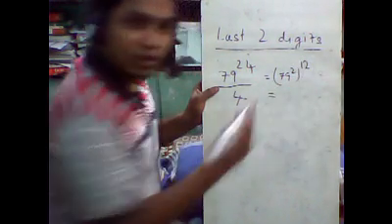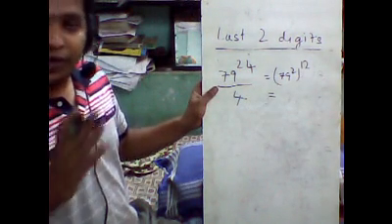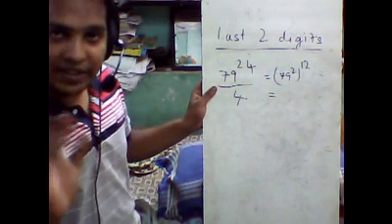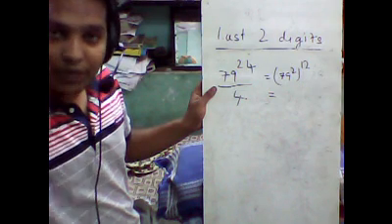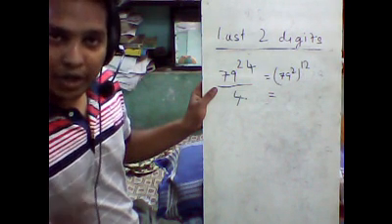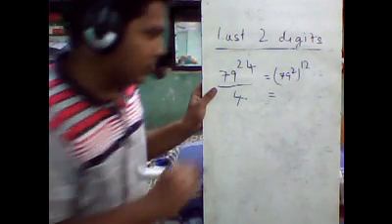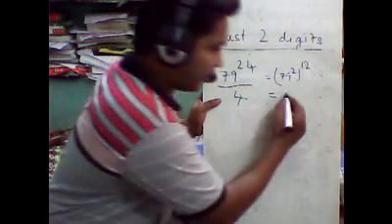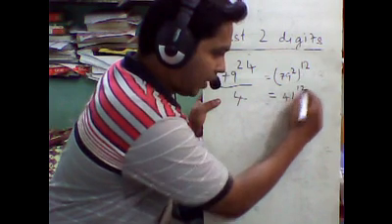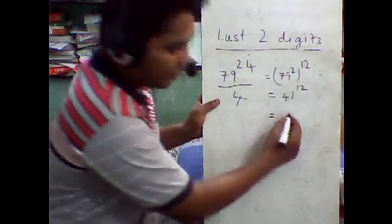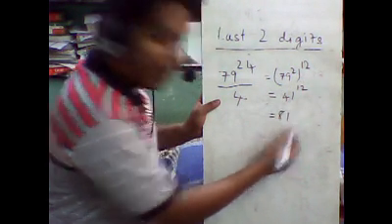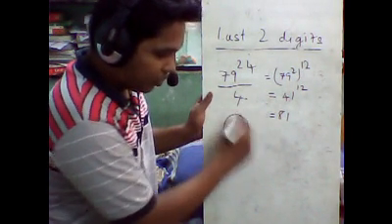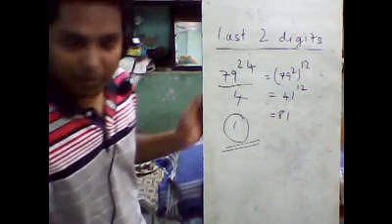And 79 square is nothing but (100 minus 21) square. The last two digits of 79 square will be affected only by 21 square. So 21 square is 441, the last two digits is 41. So 41 to the power of 12 ends in 81. So 81 when divided by 4 will give the remainder 1. So 1 is the answer for the last problem.